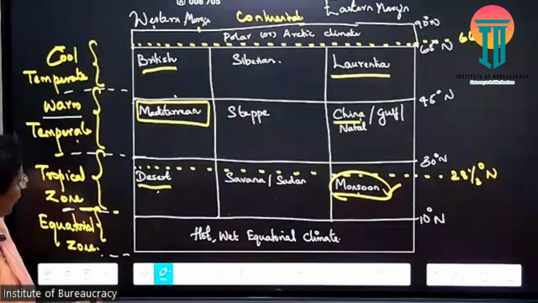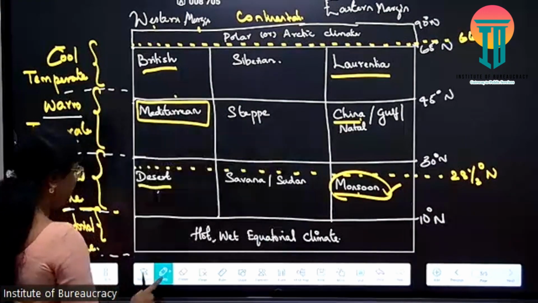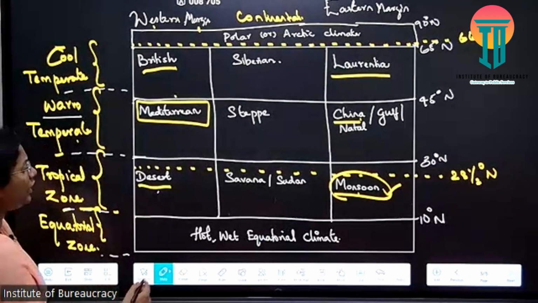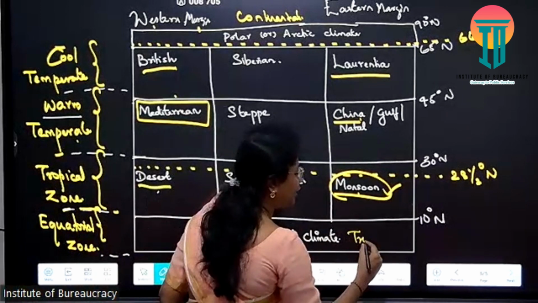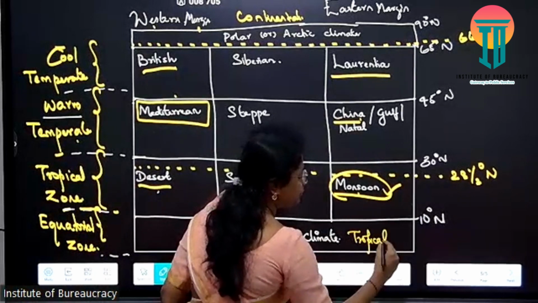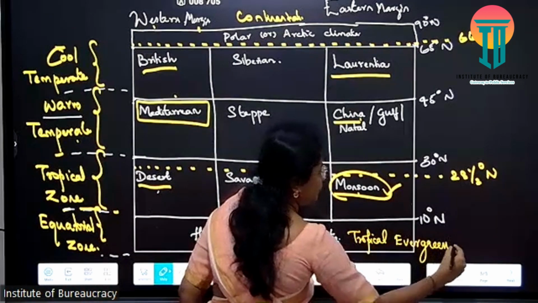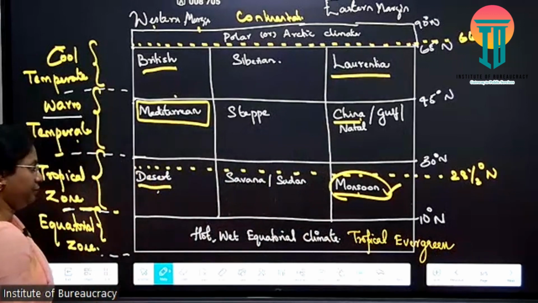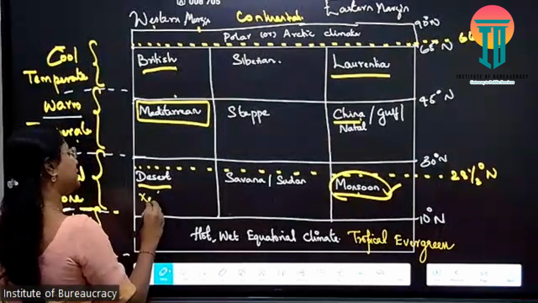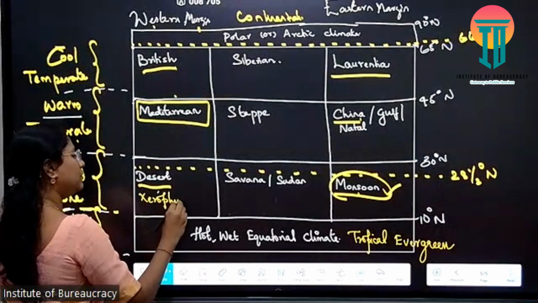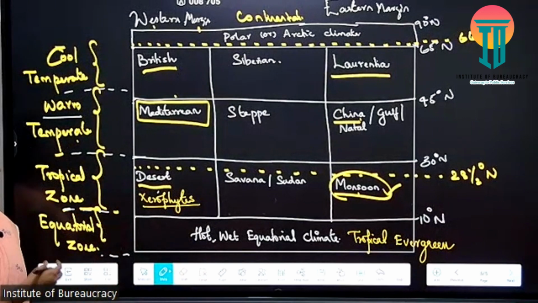I'm going to introduce one more term here regarding the vegetation. Hot, wet, equatorial type of climate has tropical evergreen type of forest. Deserts have xerophytes, plants adapted to arid conditions.